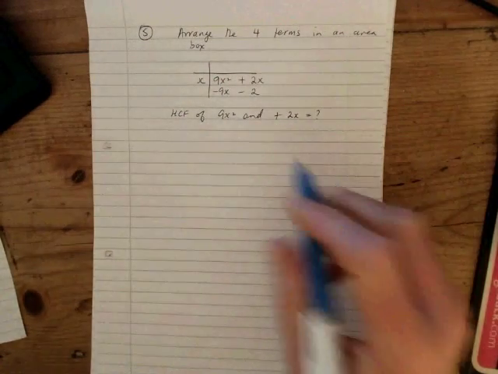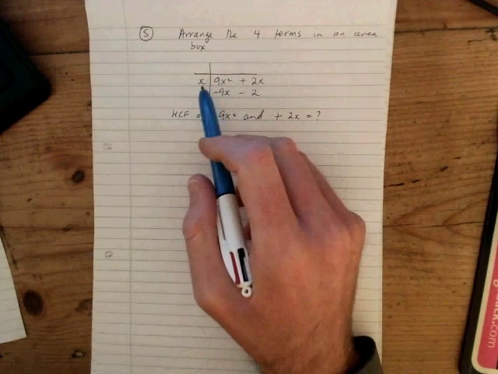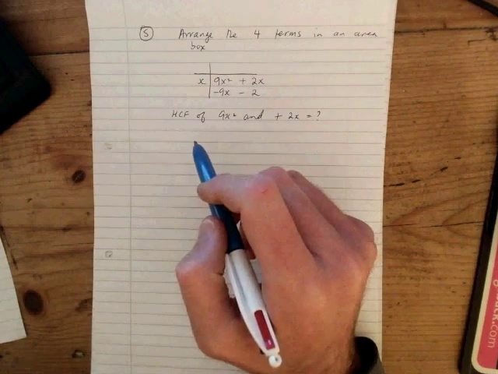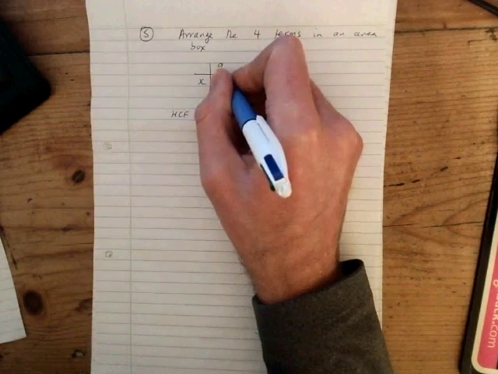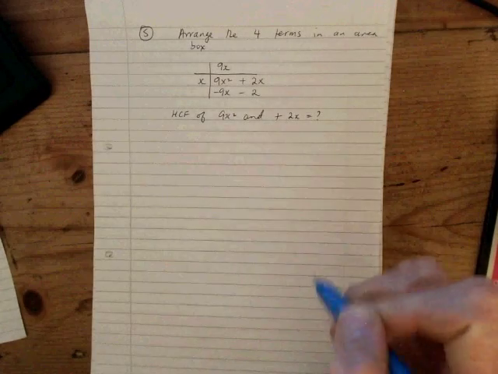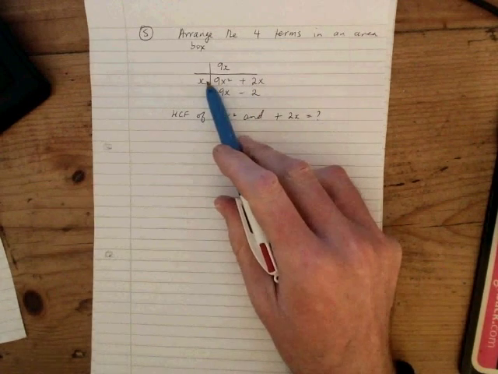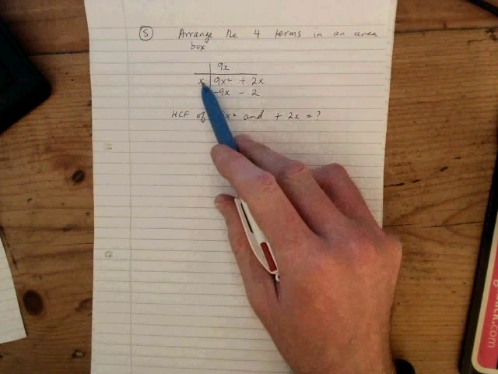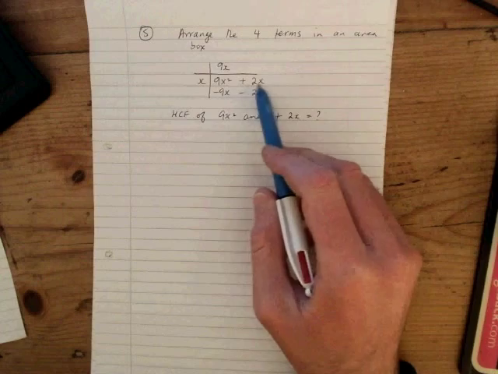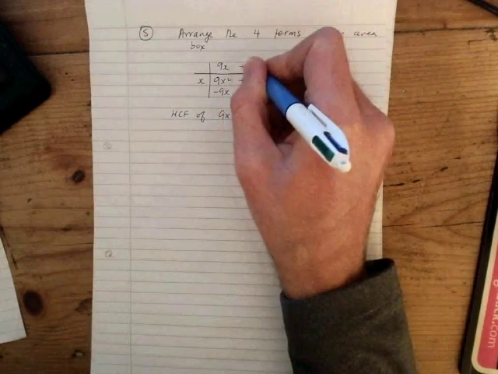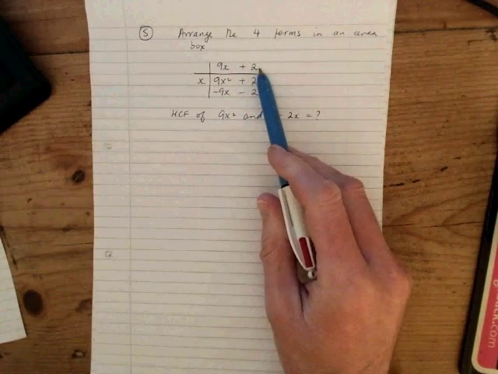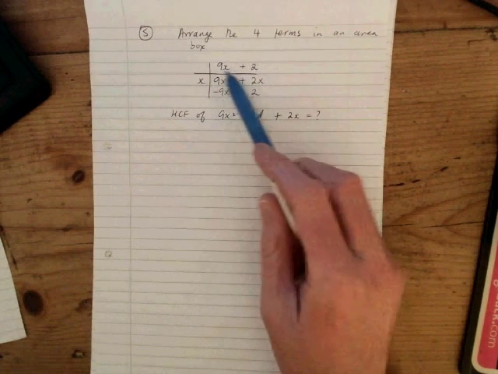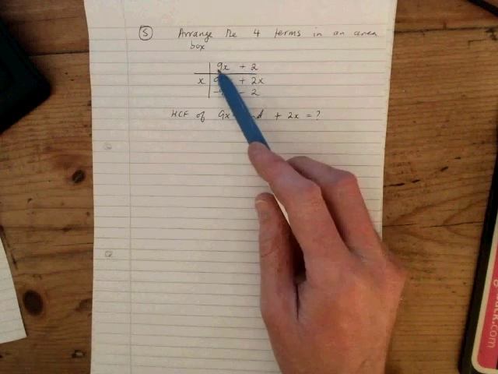And x divides into 9x squared 9x times, because 9x multiplied by x is 9x squared. So we put 9x up there. Then x divides into plus 2x plus 2 times, because 2 multiplied by x is plus 2x. So we've got half our answer already up here.